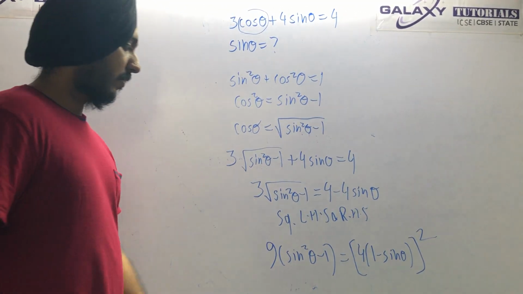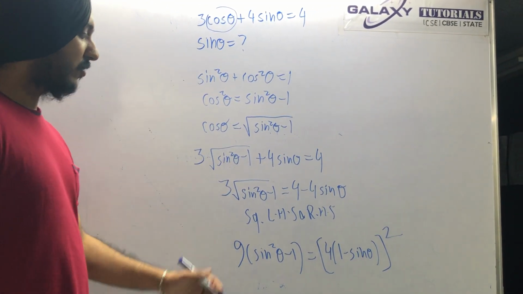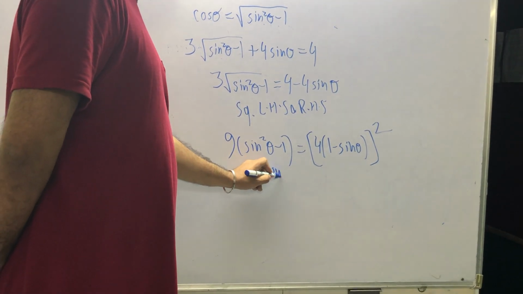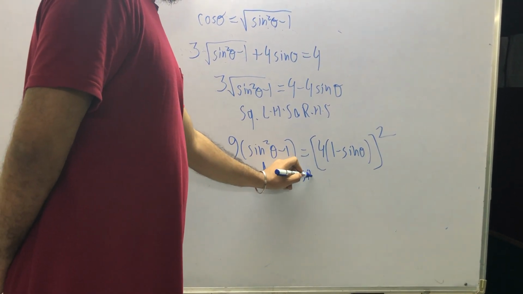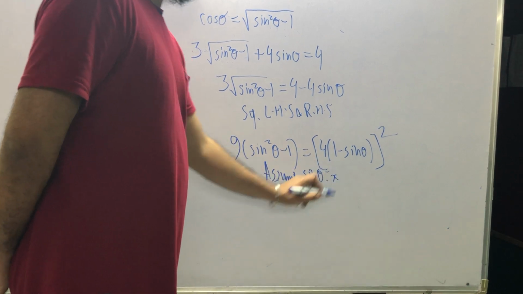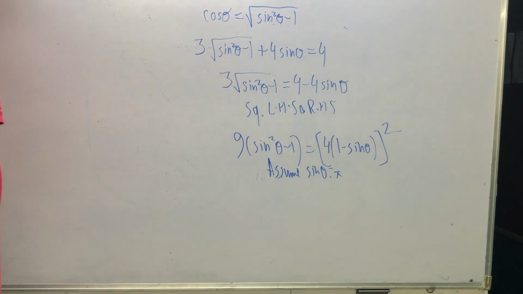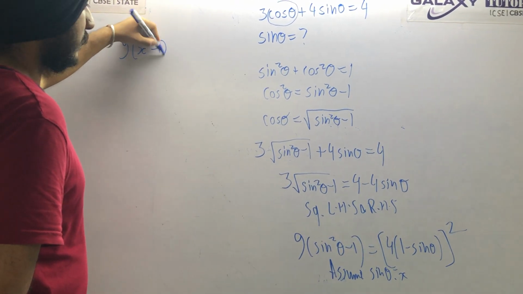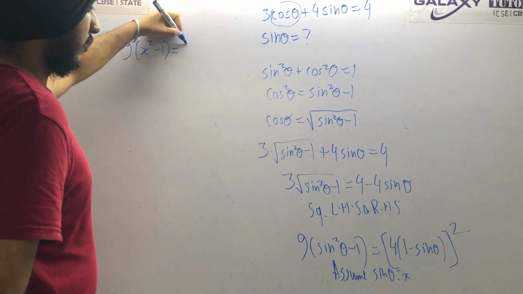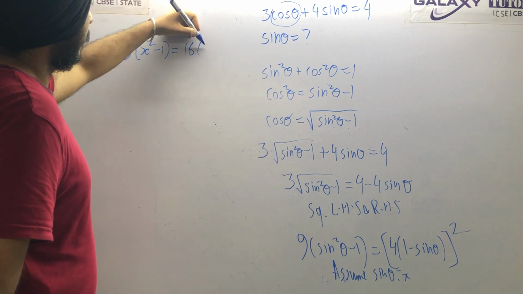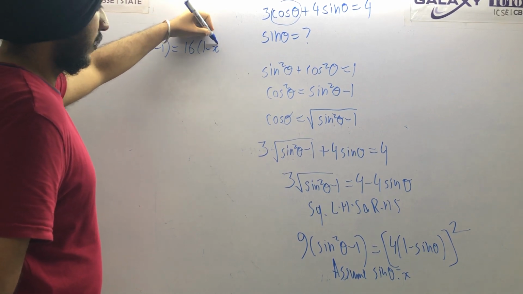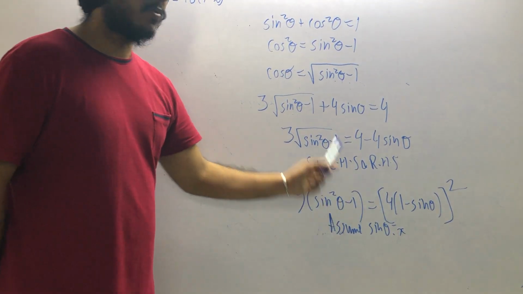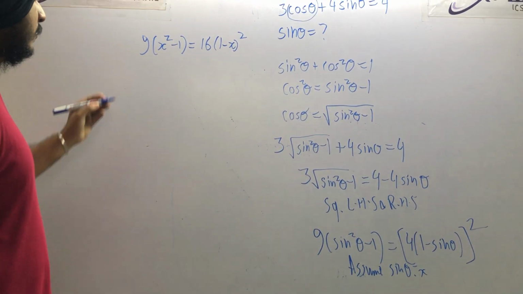I hope this equation is clear. To simplify a little bit, I will assume sin theta is equal to x, for the time being. So 9 into 1 minus x square is equal to 16 into 1 minus x whole square. I just took out 4 from the whole square, so it became 16.